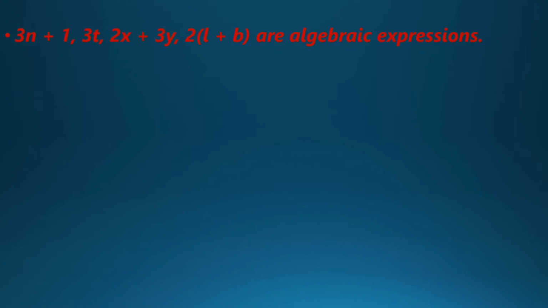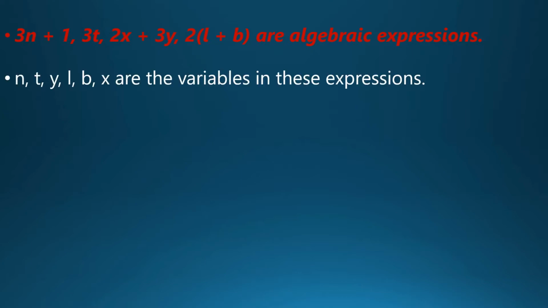3n plus 1, 3t, 2t plus 3y, 2 into L plus b are examples of algebraic expressions. From the above algebraic expressions, n, t, y, L, b and x are the variables in these expressions.